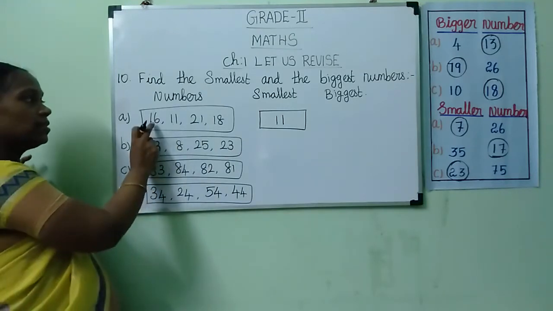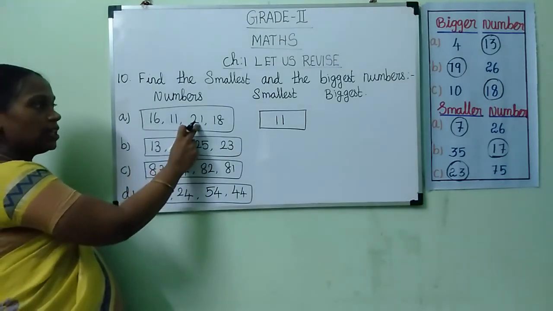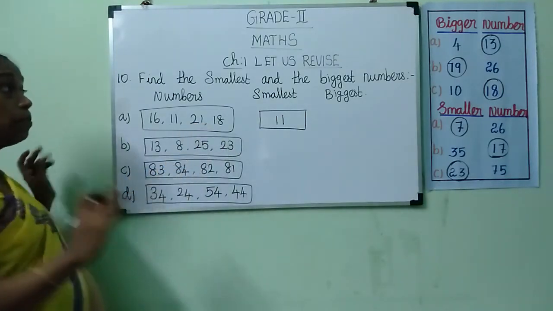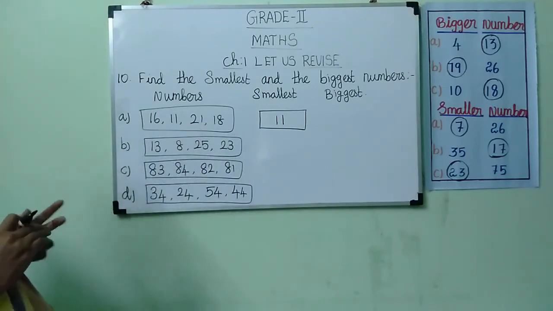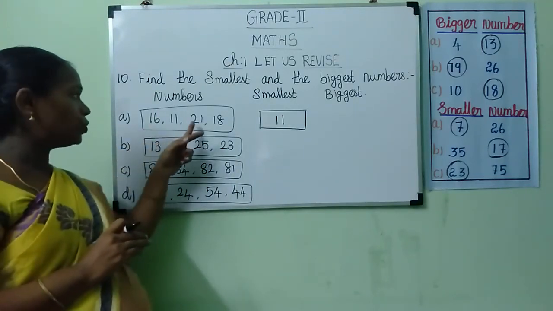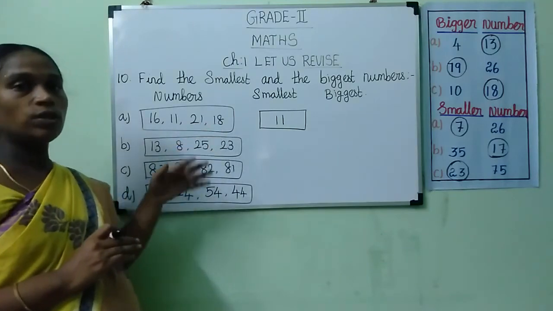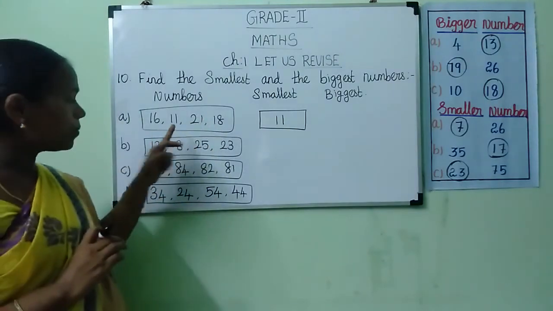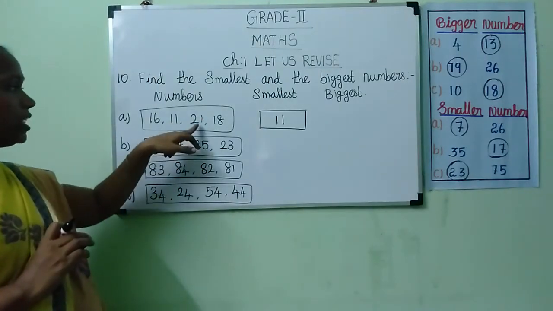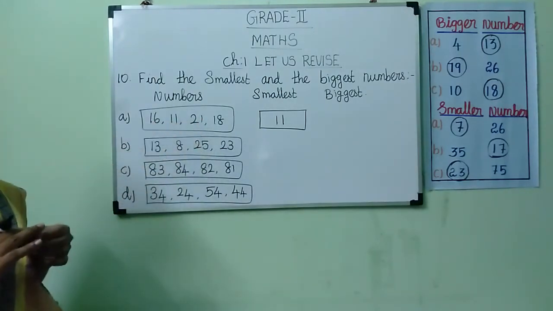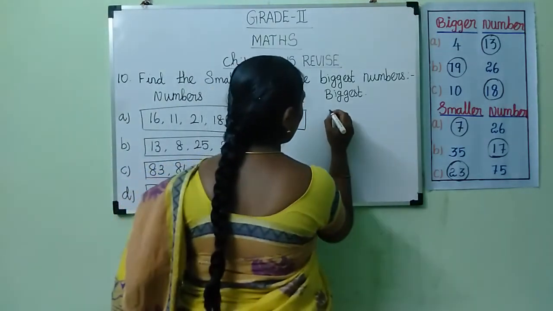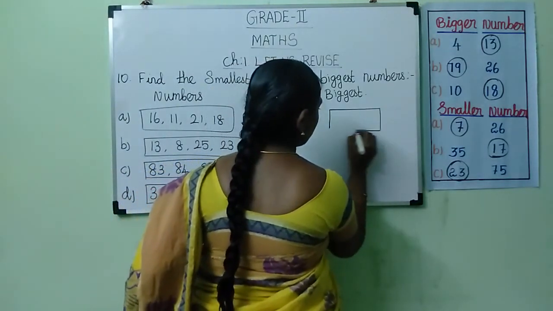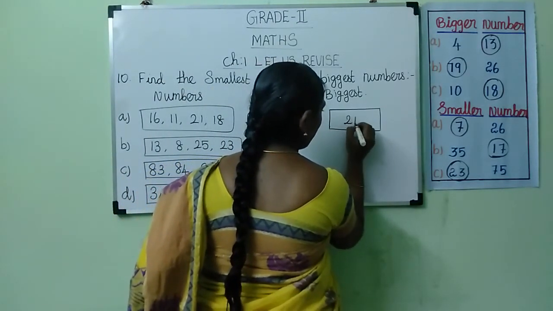Again, we have three numbers: 16, 21 and 18. Which is the biggest number? See, 16, 21 and 18. Which number is the biggest from these numbers? Yes, 21 is the biggest number. So you should write here 21.